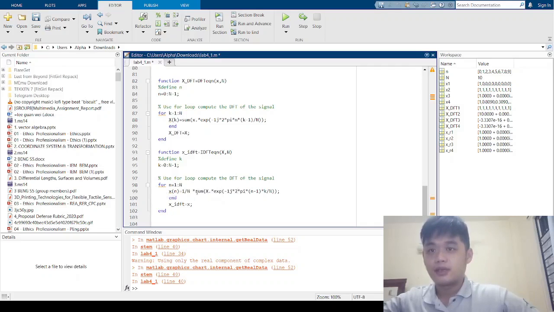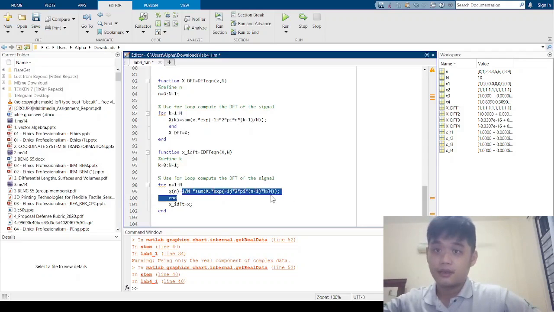Sorry, my mistake. Actually, this is not the same as this one, because this is another equation, which is not the same at all.